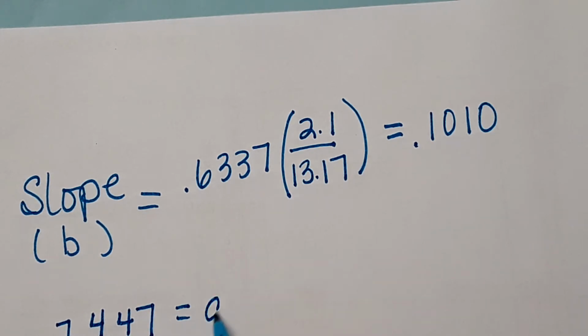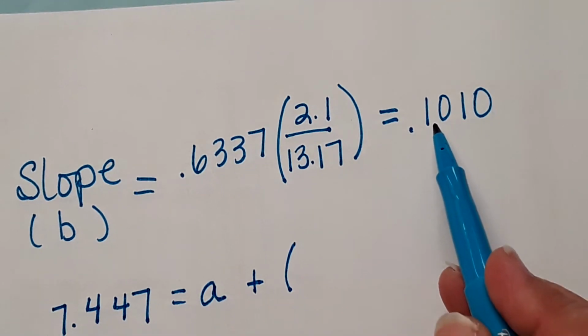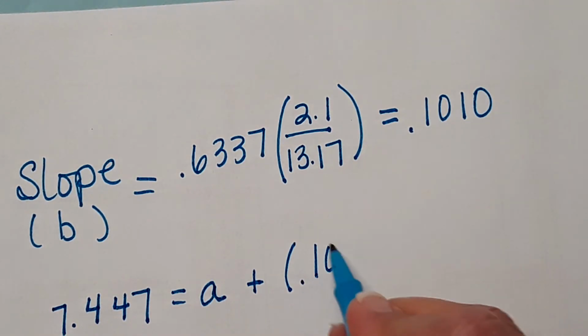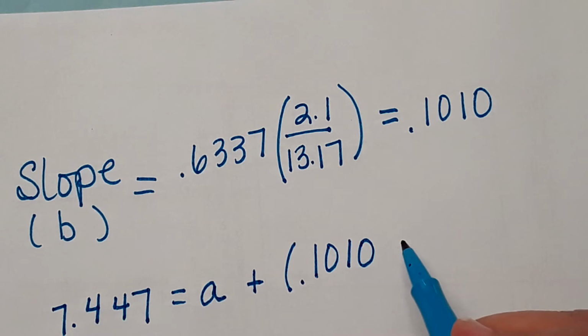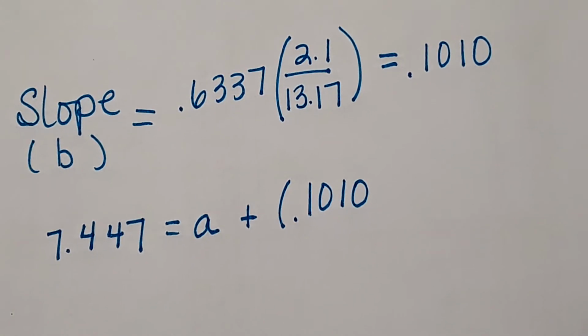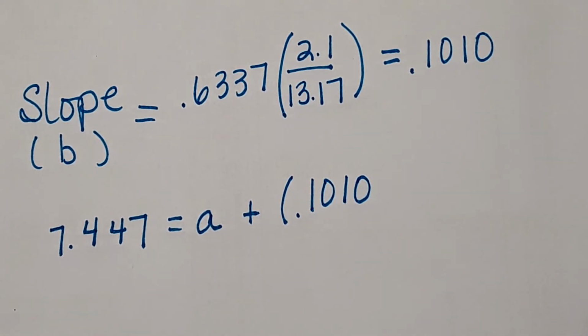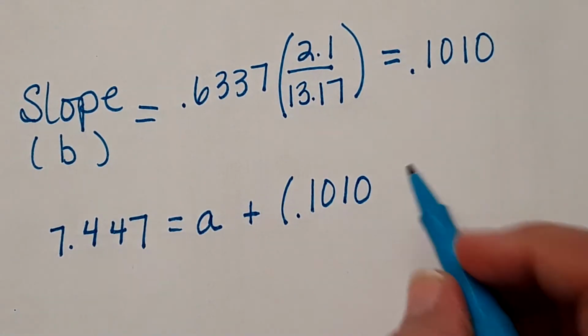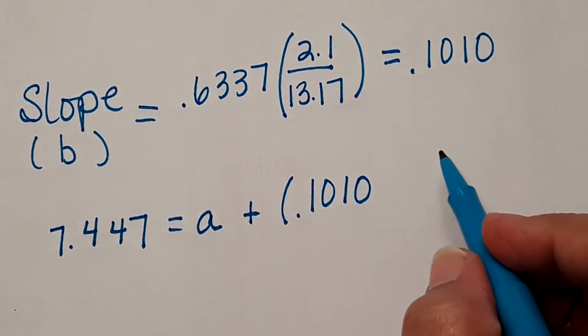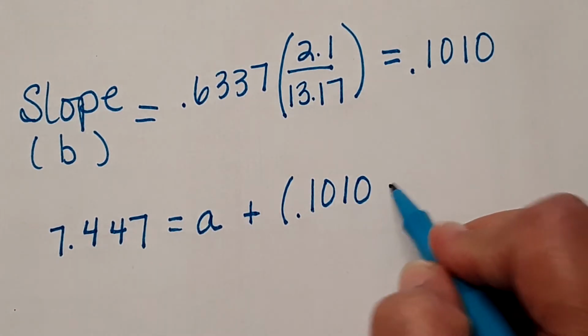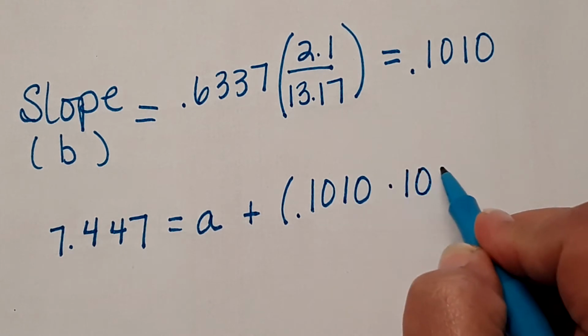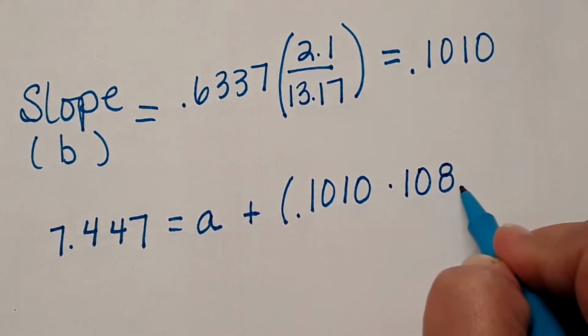We're looking for A plus our B, our slope, 0.1010, multiplied by our x bar, which is 108.9.